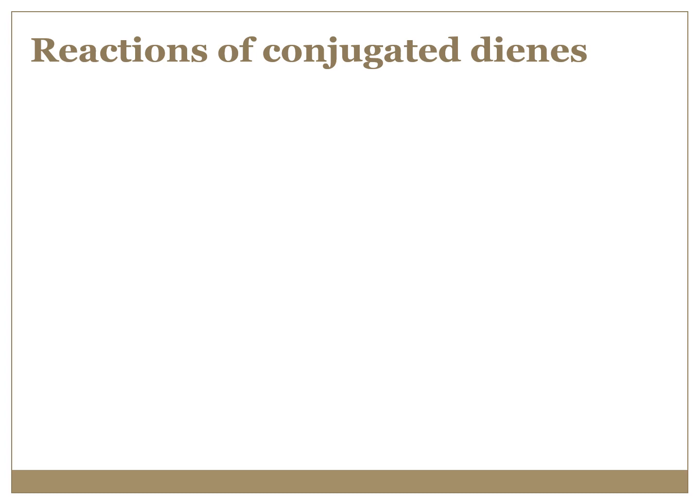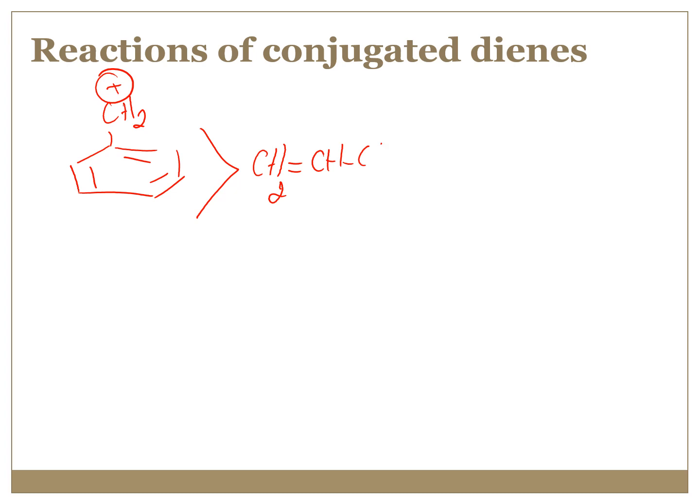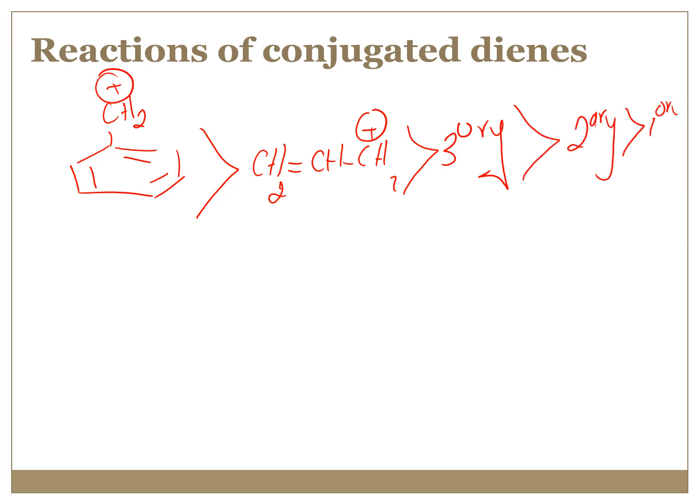To further explain the stability of compounds, this is just something for your knowledge, you have to know that the stability of the benzyl carbocation is higher than the allyl carbocation, which is higher than the tertiary carbocation, higher than the secondary, higher than the primary, and finally higher than the methyl carbocation.